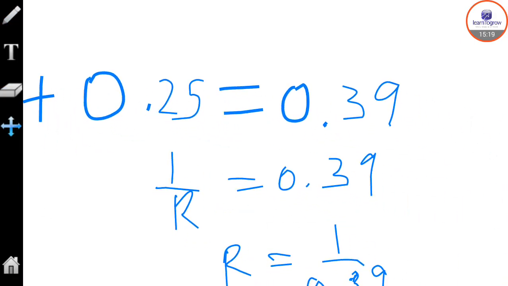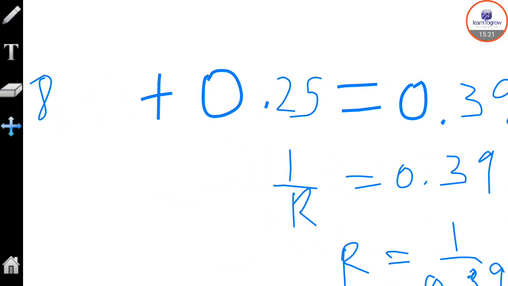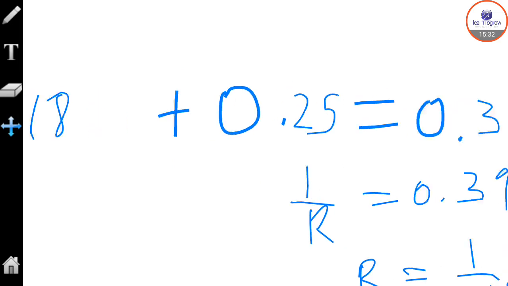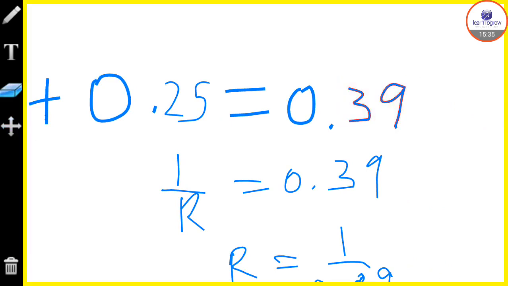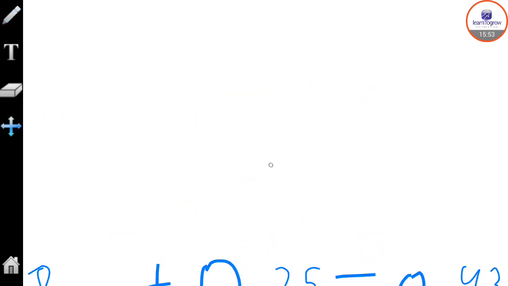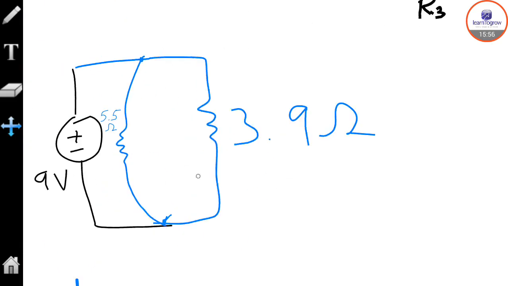Okay, so the value will become 0.43, and you know that it is the reverse, so the reverse of 0.43, which is 1 divided by 0.43, makes 2.3.